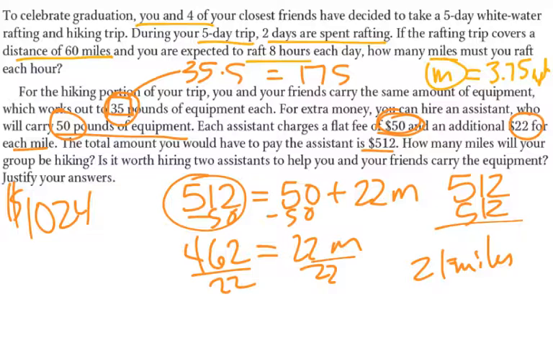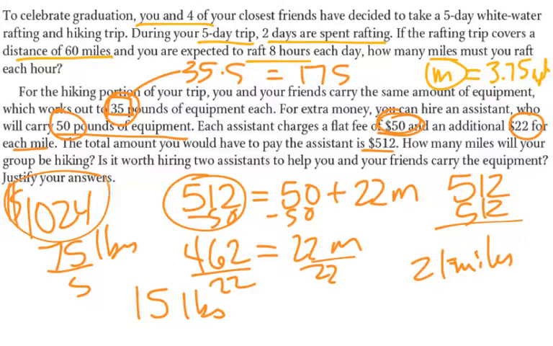Okay. If each of them are carrying 50 pounds, that's 100 pounds off, so that's 75 pounds divided by 5 means we'd each only have to carry 15 pounds. But we'd have to charge an extra $1,024. Okay? So is it worth it?